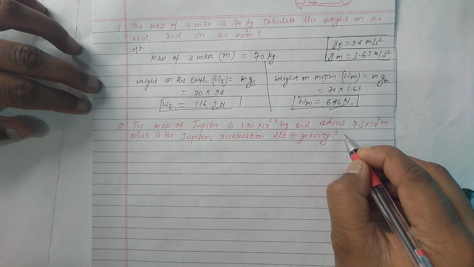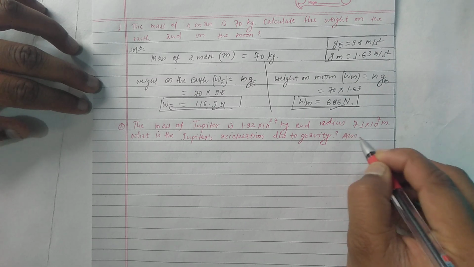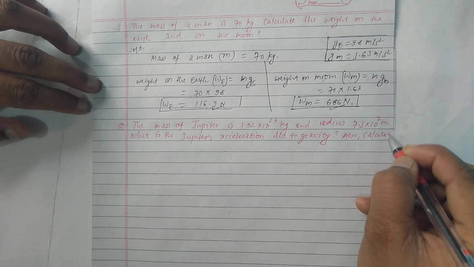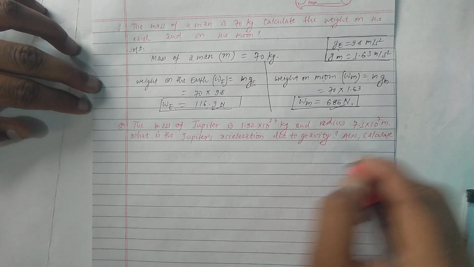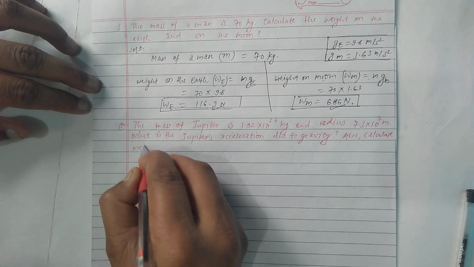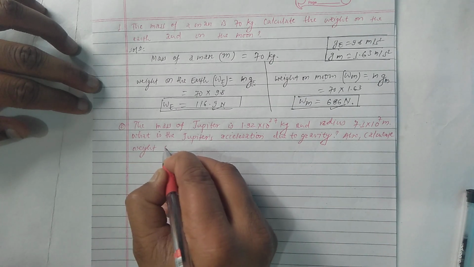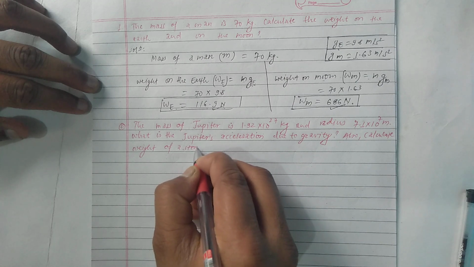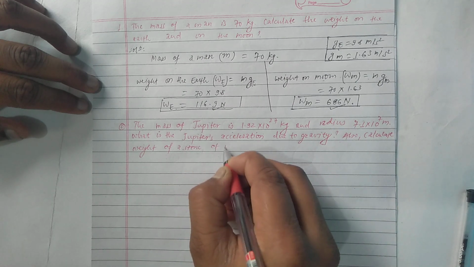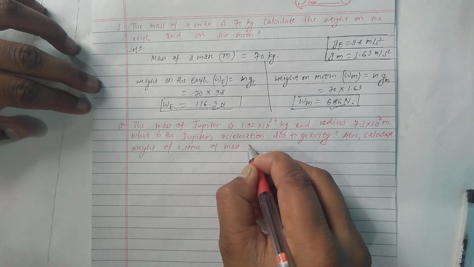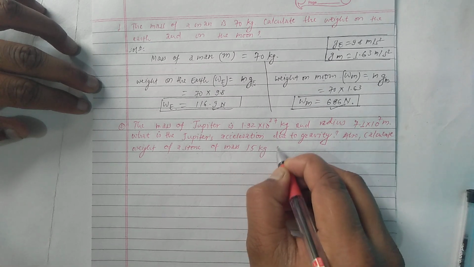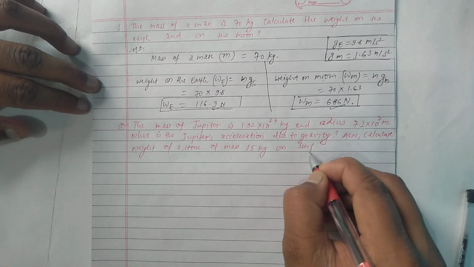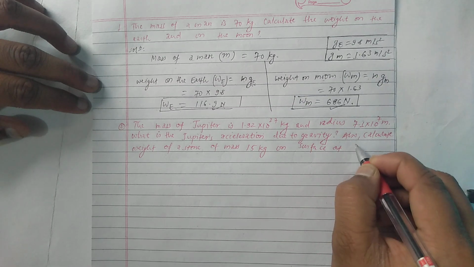Now we also have to calculate the weight of a stone of mass 15 kg on the surface of Jupiter.